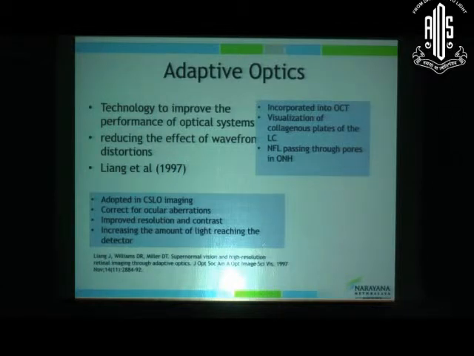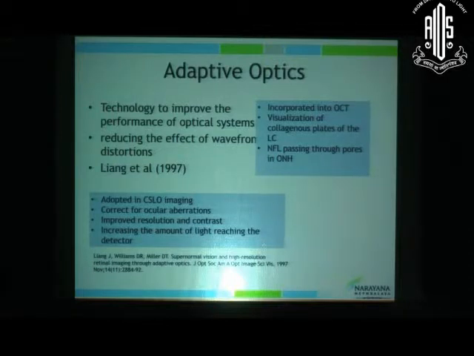So with adaptive optics, the focus was to try and get an in vivo, or say a histological, view of the tissues that we couldn't image earlier with the traditional OCTs. Liang et al. first described this, and the idea was to reduce the effect of wavefront distortions. Many of these devices have been incorporated into available OCTs.